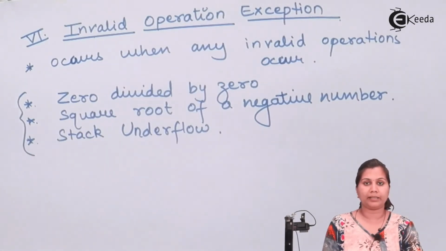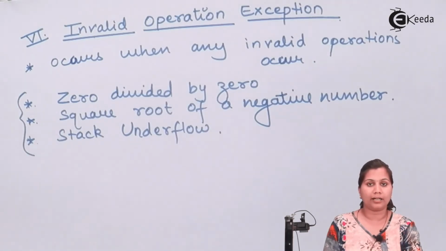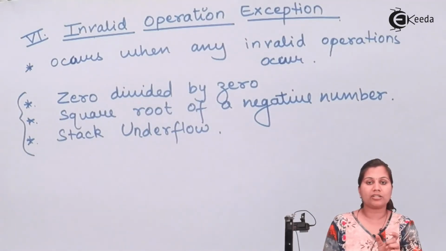We studied them in detail. First was the precision, then underflow, overflow, zero divide, denormalized operand, and the invalid operation. For all these exceptions, there is a corresponding bit in the status register which tells which of the exceptions has occurred in the processor.